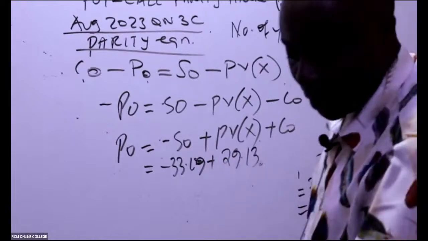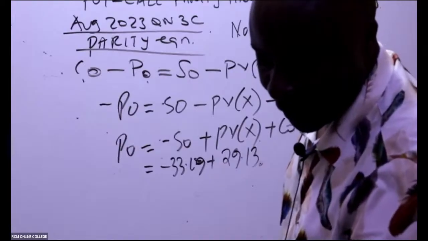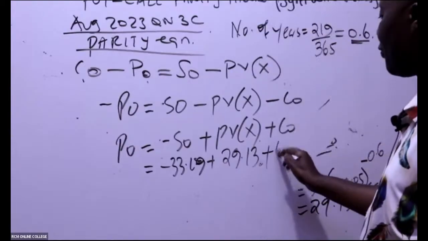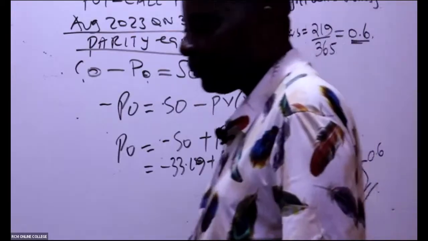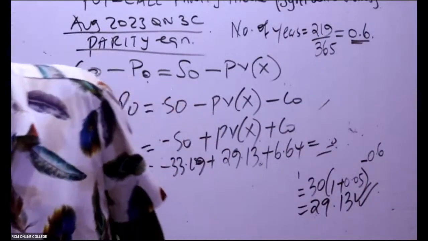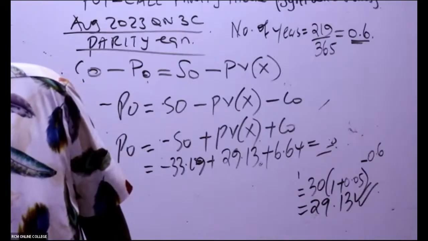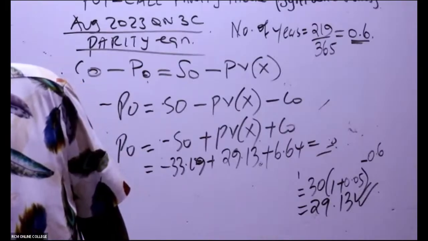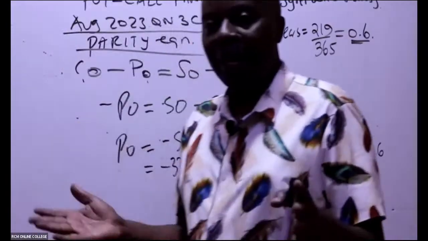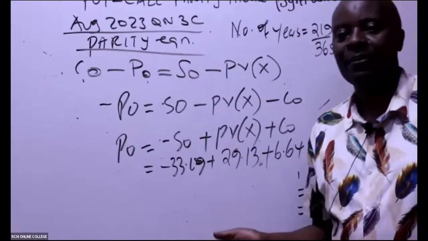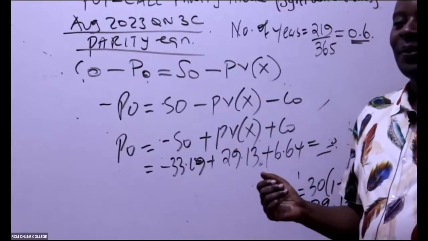Plus our CO, given here as 6.64. So are you able to give us this synthetic PO? Will it be the same?